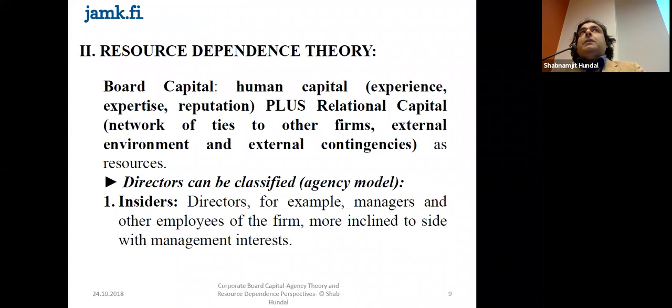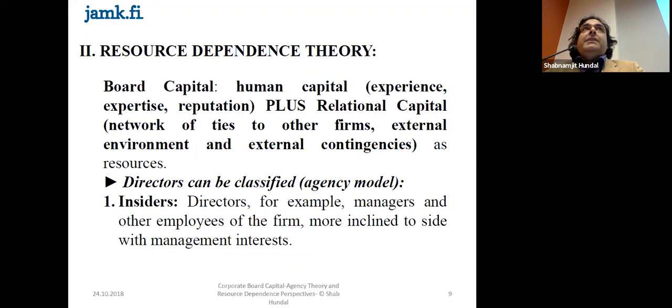To plug those conflicts, we incur monitoring cost and bonding cost, and thirdly, there's always a leeway in the hand of the agent because he knows the company better than anybody else. This makes the agent super powerful, so he or she can justify their actions because they know better than anybody else.